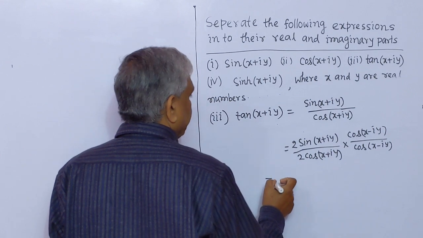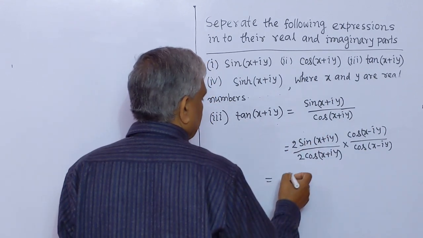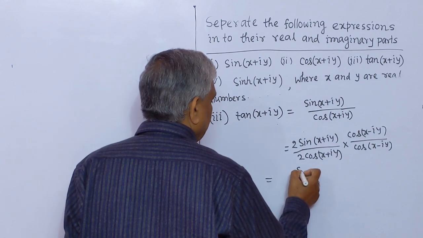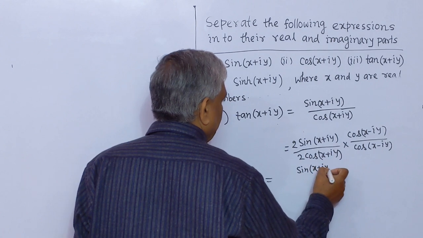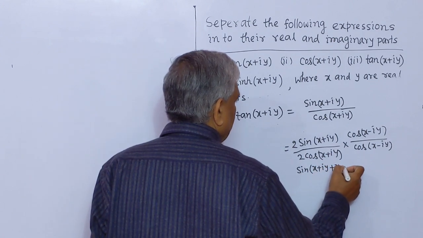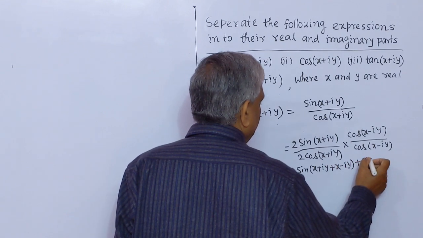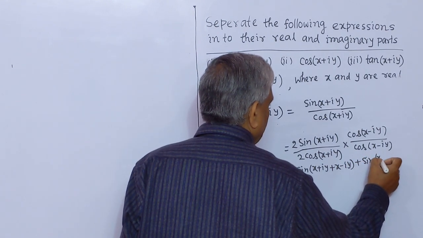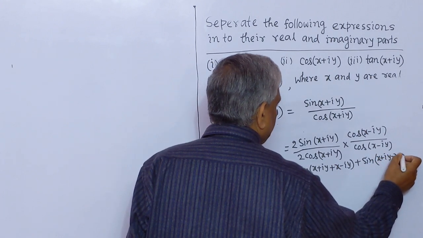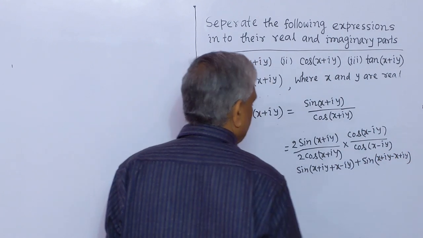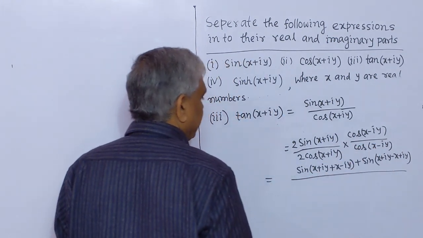So here we get 2 sin a cos b, means sin(a + b) + sin(a - b), with a = x + iy and b = x - iy, by 2 cos a cos b.